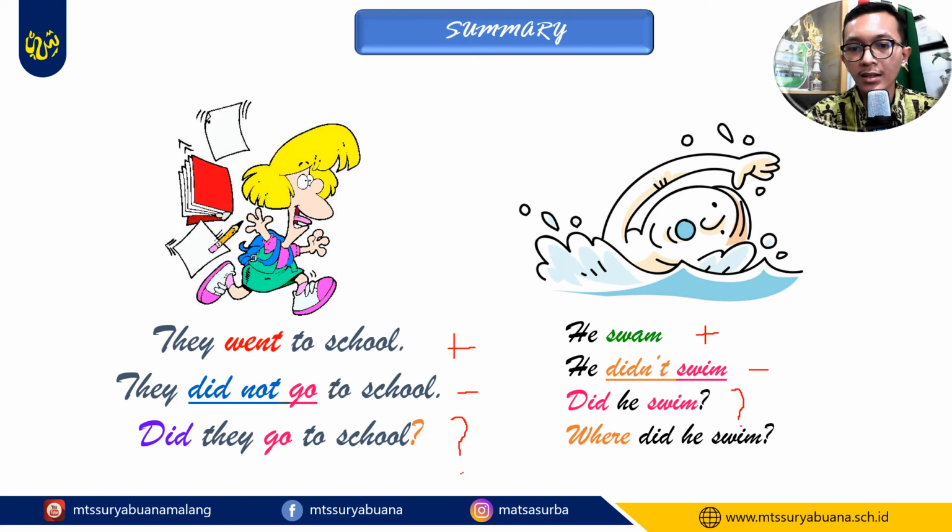It needs a long answer. For example, he swam in the swimming pool. Something like that. This is also an interrogative sentence. Students, after you watch this video, I hope you can understand all the materials that I already gave to you.